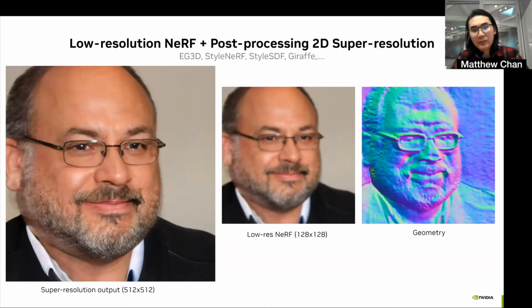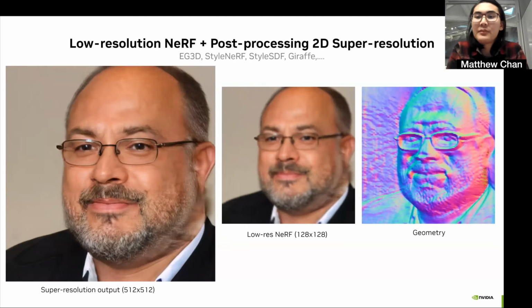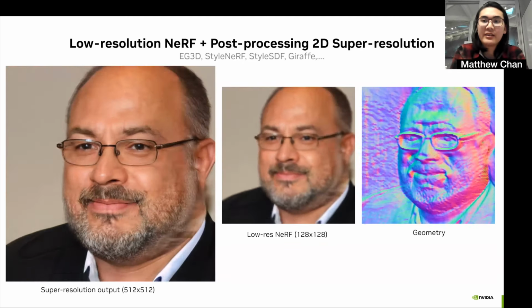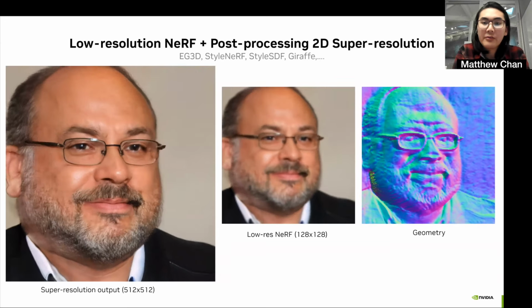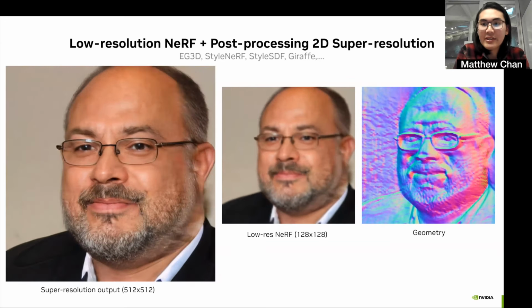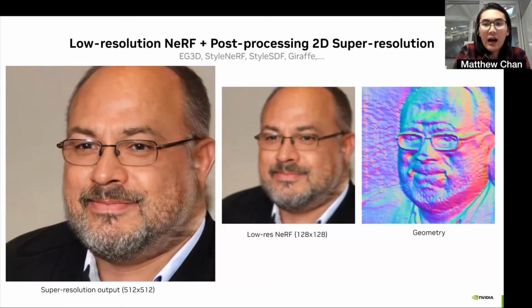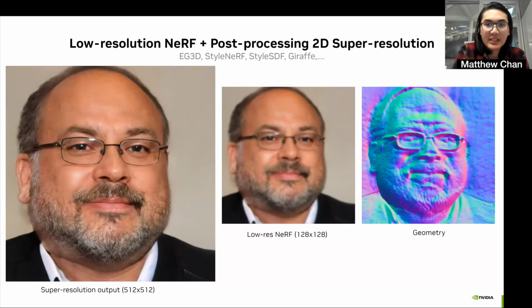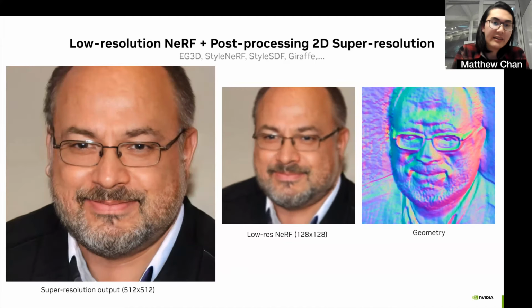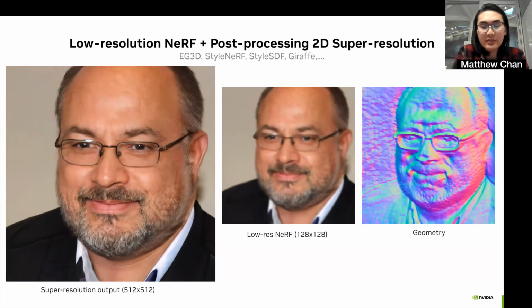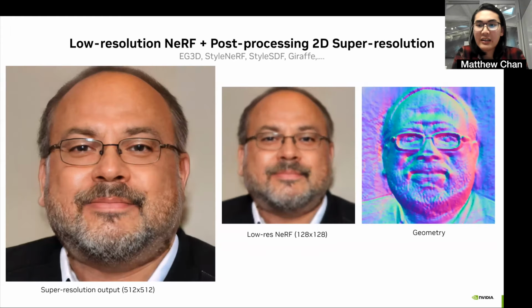Let's touch on the second point here, which is another way we can reduce the computational load of GAN training: to reduce the number of pixels that we actually render with our NeRF. So many early 3D GANs leverage 2D convolutional super resolution layers on top of a low fidelity 3D representation. We can see that here. In the middle is our low fidelity NeRF, so that's our volumetric representation with the paired geometry.